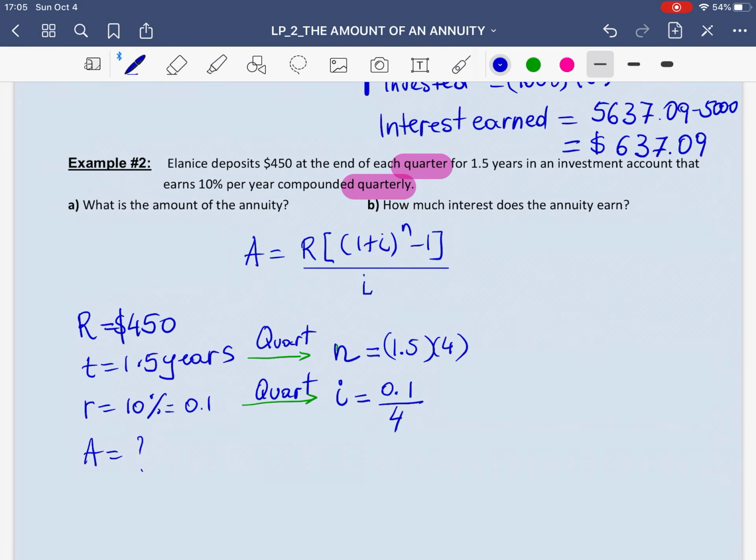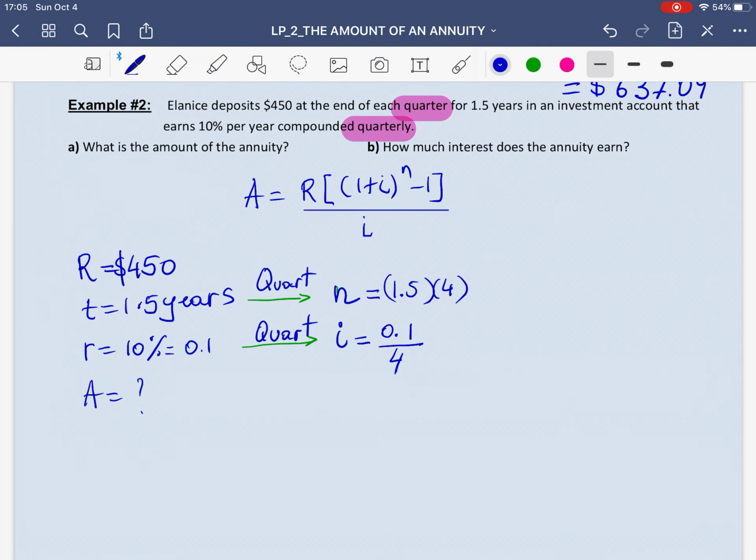So here we go. We have everything we need. We're going to substitute into the formula to answer question A. So we have the amount equals regular payment $450, and then 1 plus 0.1 divided by 4 to the power of, remember 1.5 times 4, we can easily multiply that, 6.